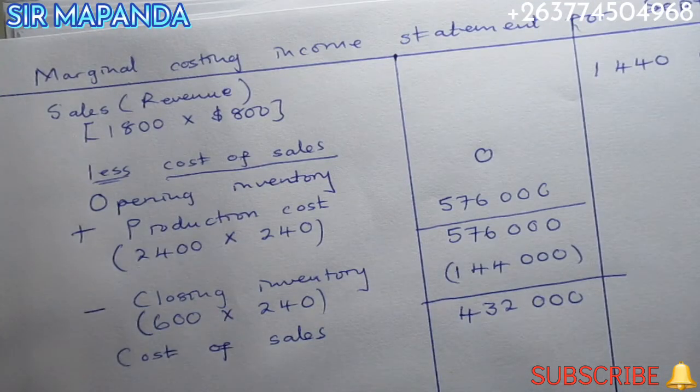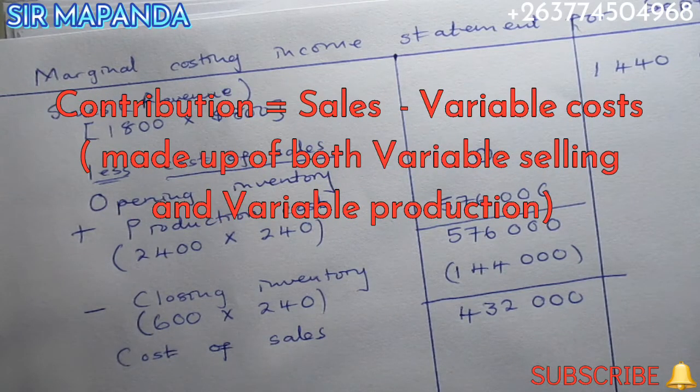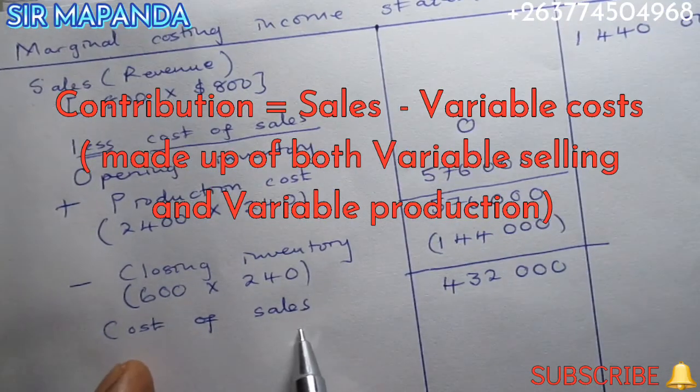However, the reason why I wrote the cost of sales in the first column is because under marginal costing, variable selling expenses or sales commission are not treated as expenses, but they are added to the cost of sales.